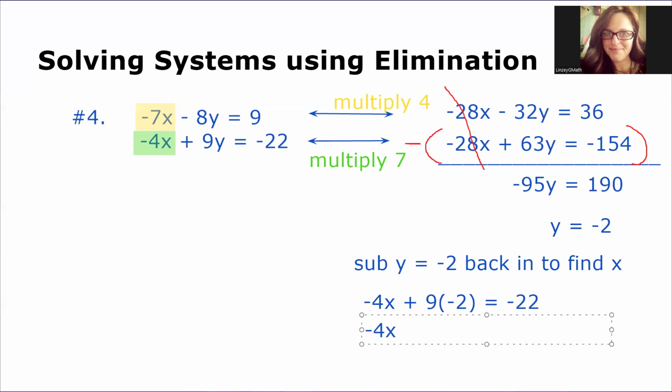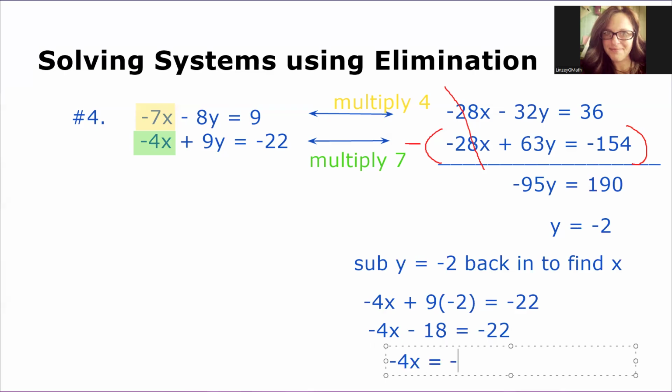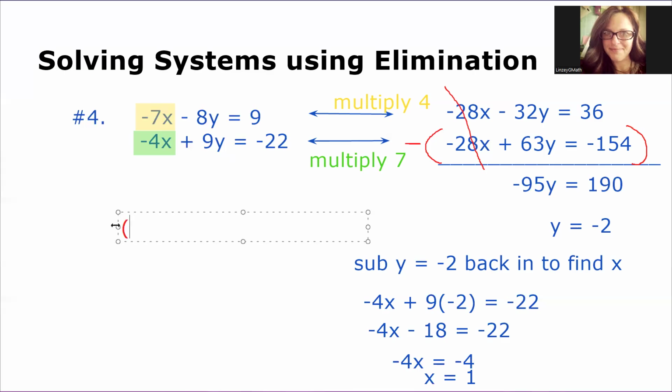Solving for x. Negative 22 plus 18. And divide. Negative 4 divided by negative 4. Negative divided by a negative is a positive. And we have found our point of intersection, the point where these two lines cross.